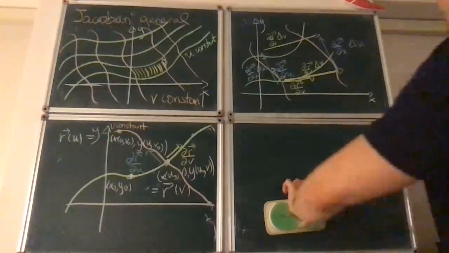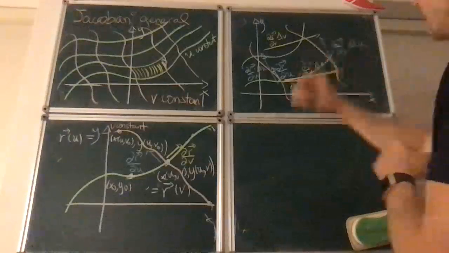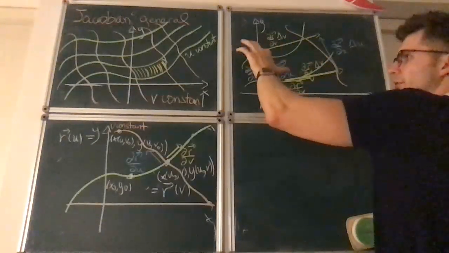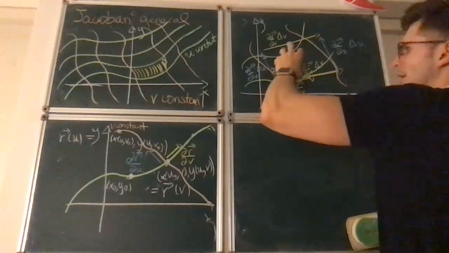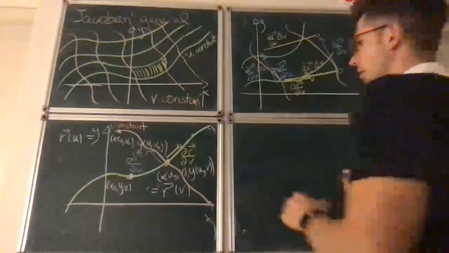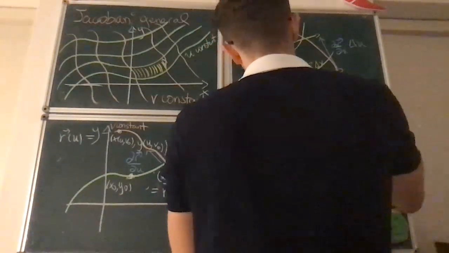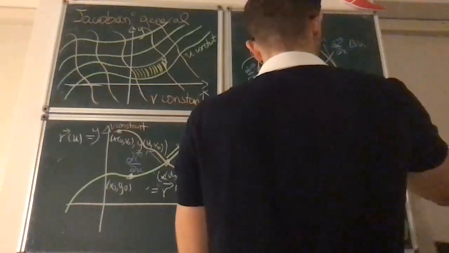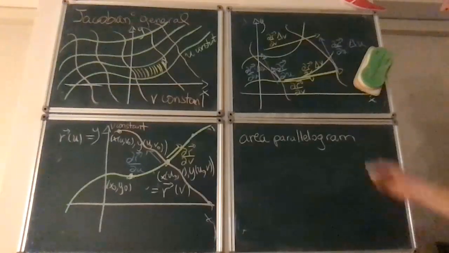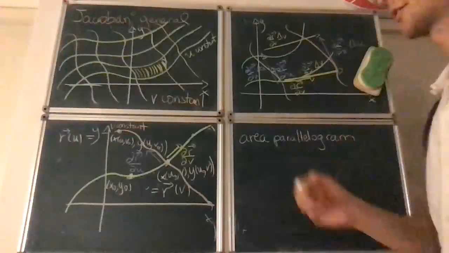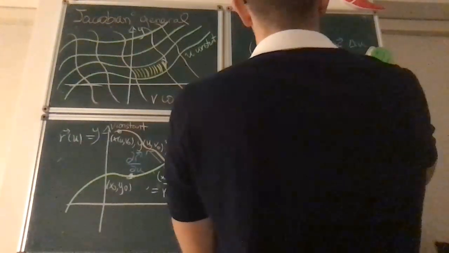And so the area, we don't know a formula for the area of this curvy shape, but we do know the area of a parallelogram, right? In fact, the area of a parallelogram, remember, is the norm of the cross product of the vectors. So it would be the norm of the cross product of these vectors.